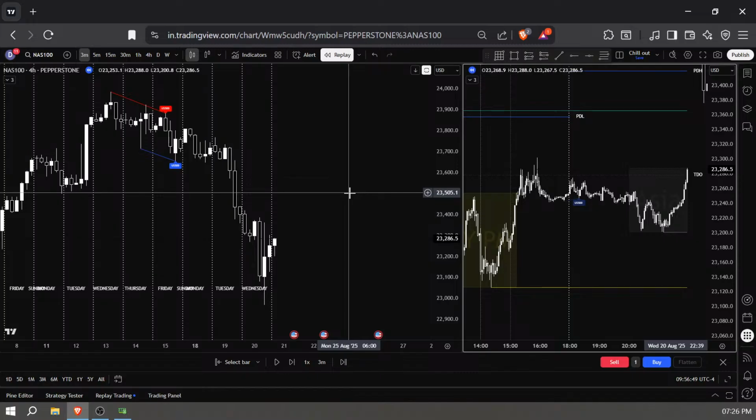That's London session and New York session. On London session we'll be focusing on 2, 3, 4 a.m. PO3, and on New York session we will be focusing on 9 a.m. PO3 and 10 a.m. PO3. That's it. So totally we are going to focus on 5 hours of the kill zone levels.